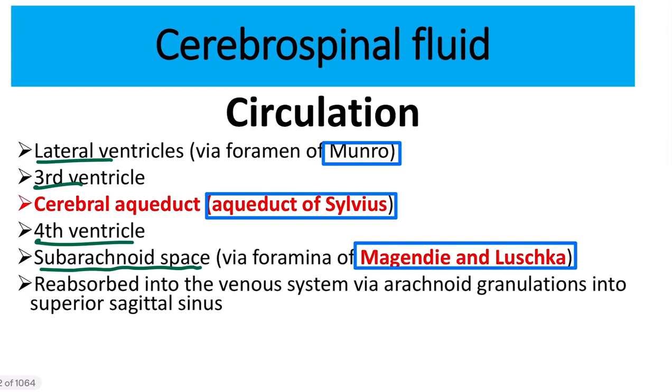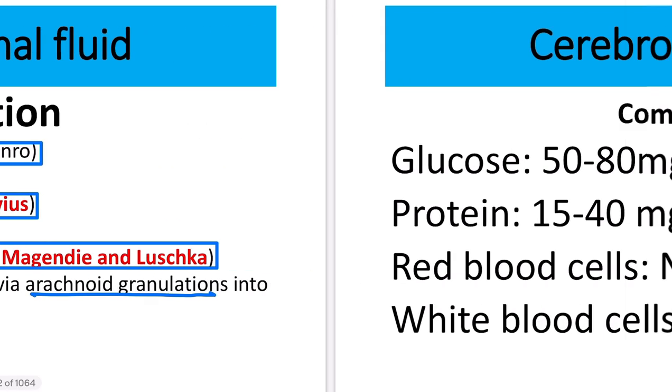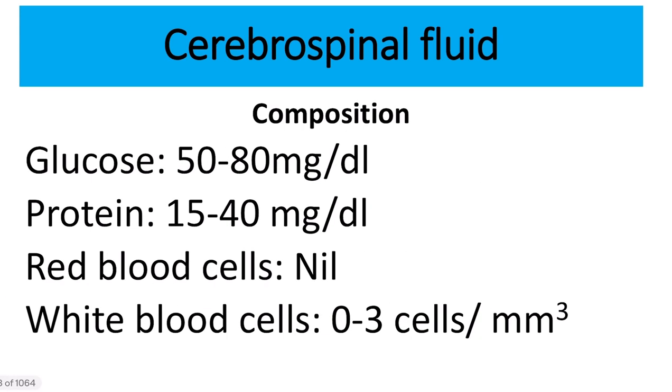And finally it is reabsorbed in the venous system and enters our systemic circulation by arachnoid granulations, mainly in the superior sagittal sinus.